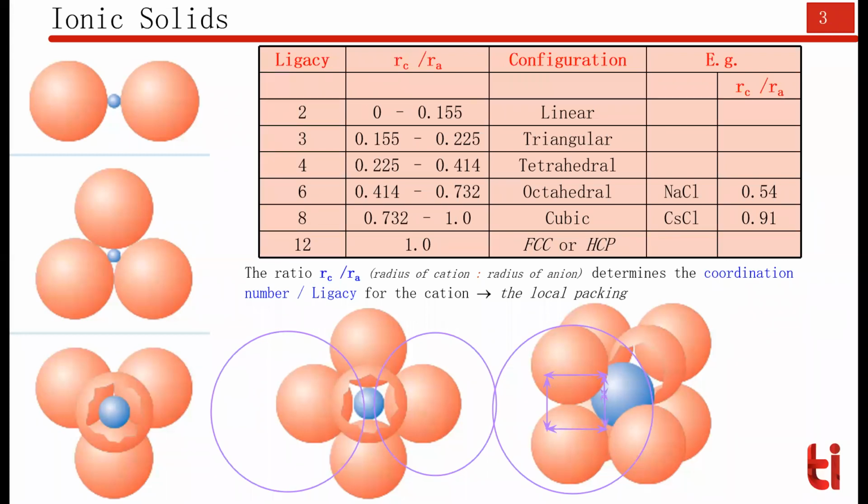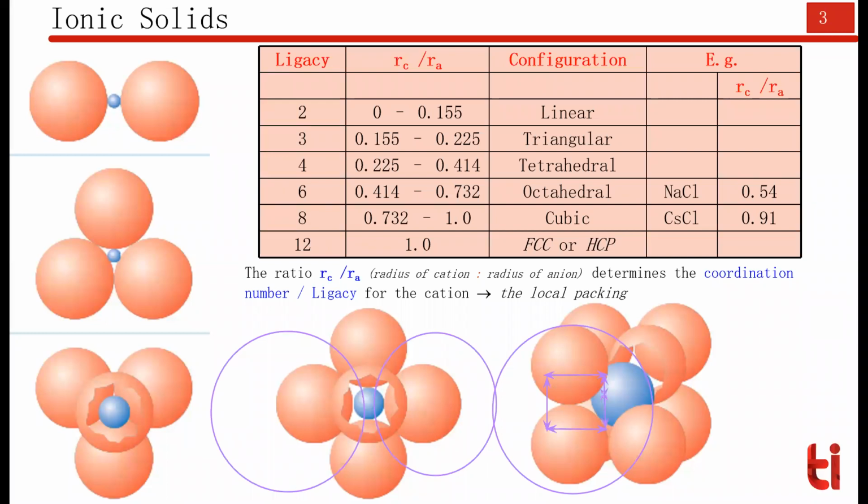So in the table, we have stated the ligancy, the radius ratio of RC by RA, that is the ratio of cation to anion, and the physical configuration, that is the geometry, and some examples are also mentioned. For example, if you have a ligancy of 2, then it's a linear structure, because if an anion is surrounded by cations, then it has to be in linear geometry.